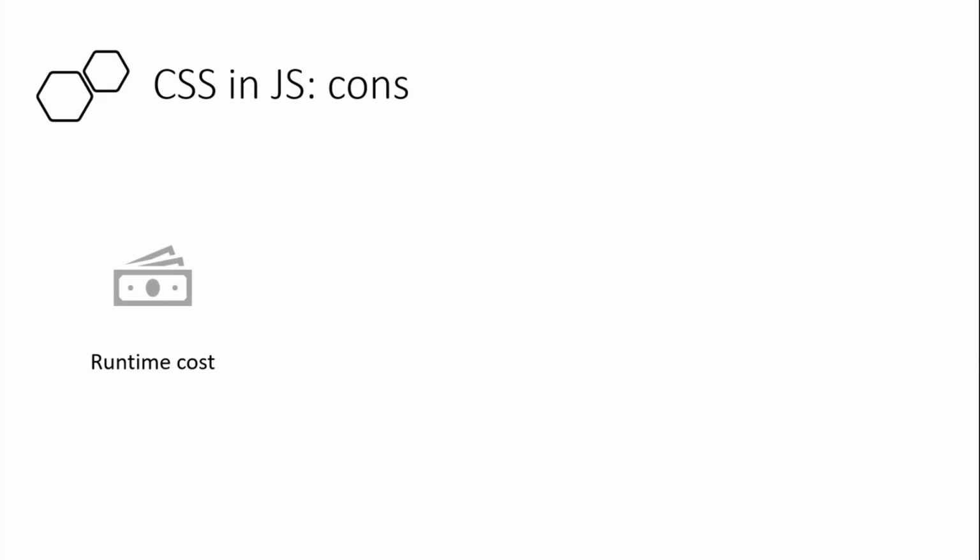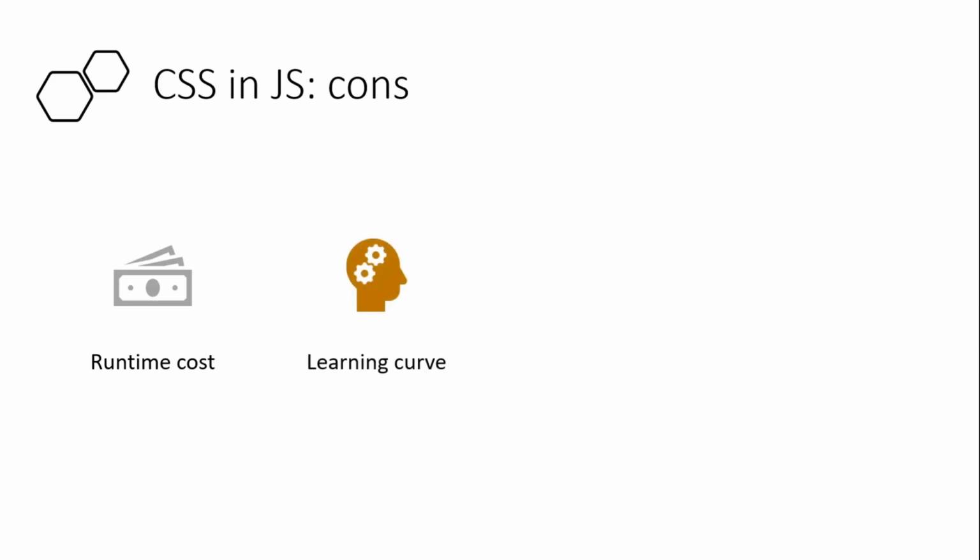That is why sometimes, for example, if you have a lot of components on your page, hundreds, maybe thousands of components, if you display a list of something, then you might experience issues if you use CSS in JS wrongly. That is why you should pay special attention at this point.